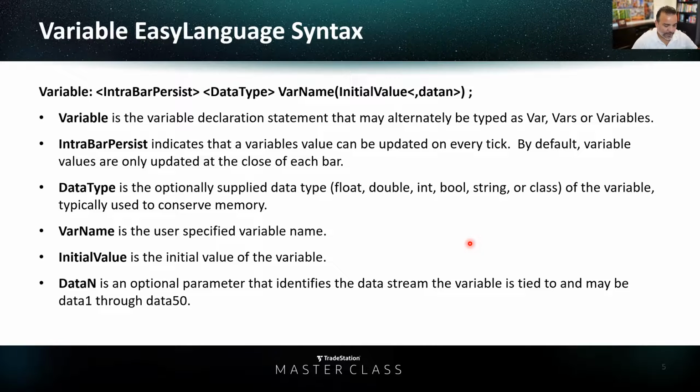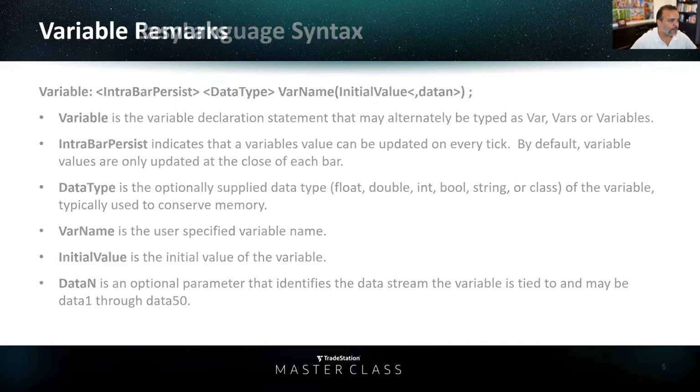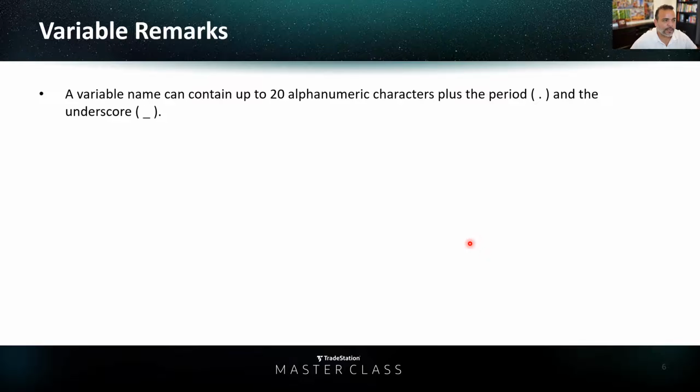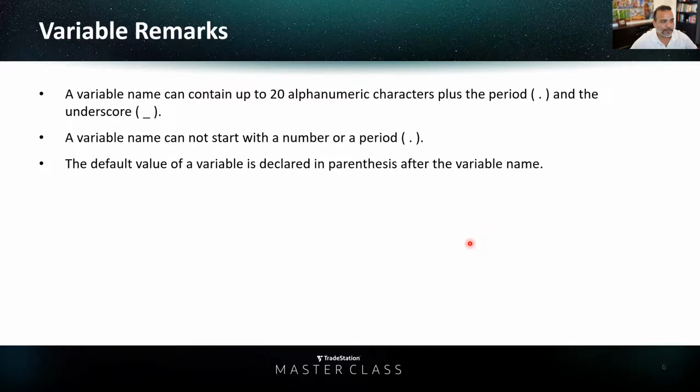Okay, perfect, great information. Some remarks to keep in mind when you're using variables. First, a name can contain up to 20 alphanumeric characters. You can use the period, and you can also use an underscore. But a variable name cannot start with a number or a period. The default value of a variable is declared in parentheses after the variable name.